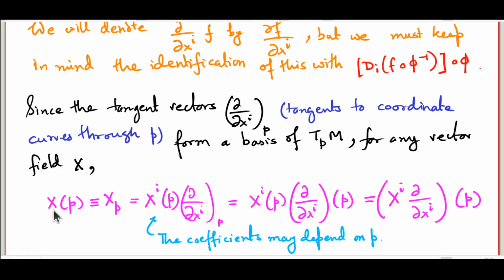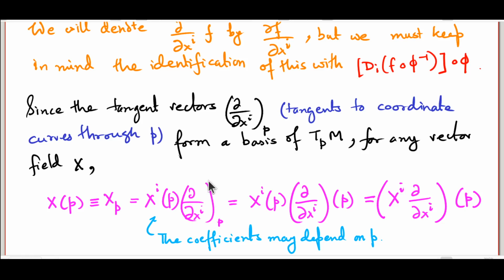X is of course given by what it returns at every point P of the manifold, or at least every point P of its domain. And that of course is a tangent vector belonging to TPM. So I should be able to expand that in terms of del del xi at P's with coefficients which would of course depend on the point P, because at different points you get different vectors.